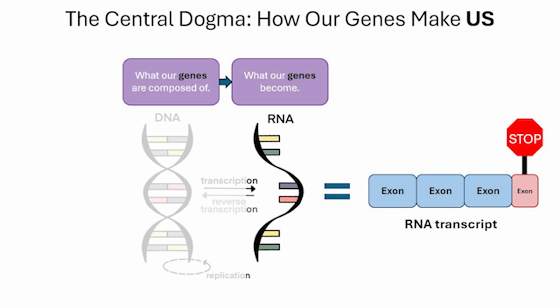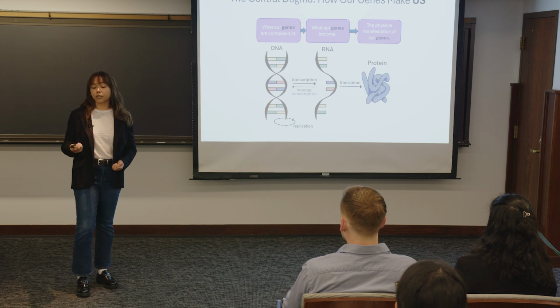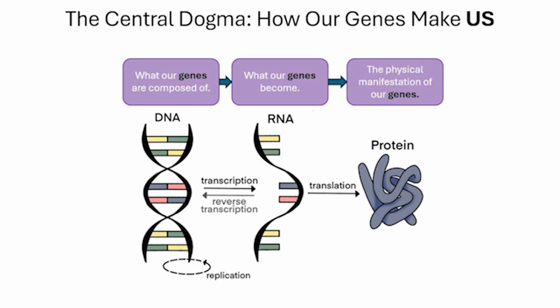RNA can also be represented like this, like an RNA transcript, which is a literal record of our DNA and is composed of these coding blocks called exons, followed by a stop sign that tells the biological machinery to stop reading an RNA transcript. And finally, RNA undergoes another biological process called translation. Translation creates proteins, which are the physical manifestation of our genes.